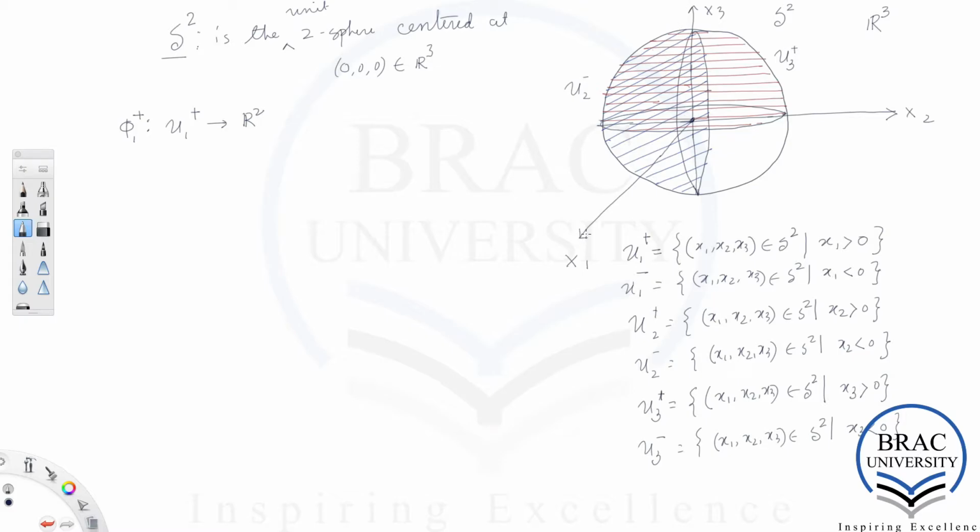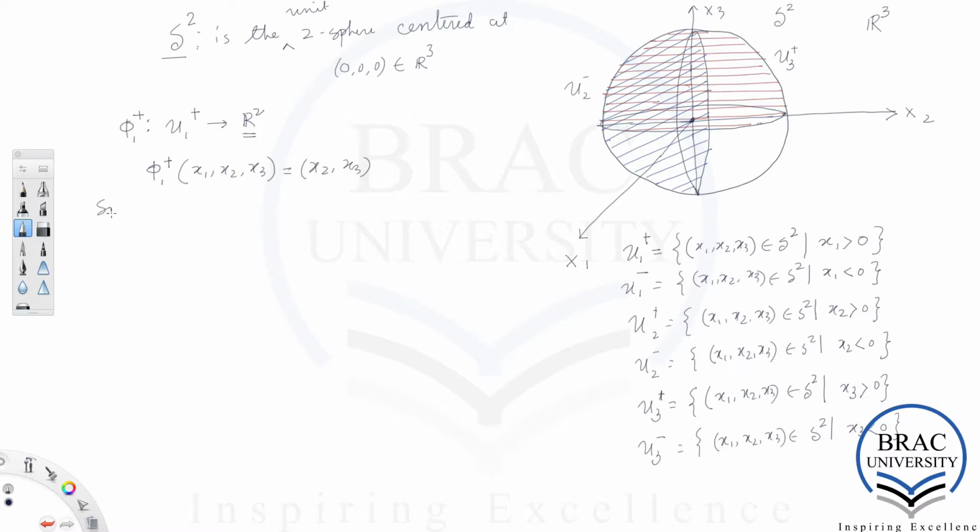All the points on the hemisphere are projected onto the X2, X3 plane, which is R2, in the following way. We take an element of U1 plus, say X1, X2, X3, and it's projected onto just the pair X2, X3. You disregard the first coordinate. This is how phi 1 plus acts on U1 plus.